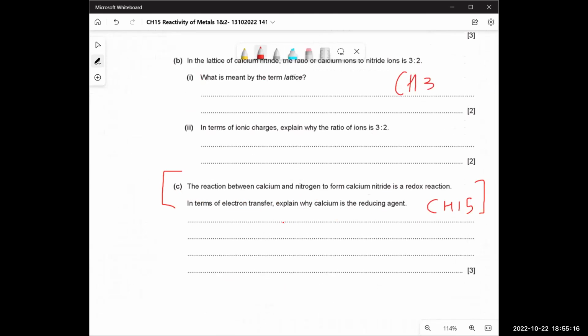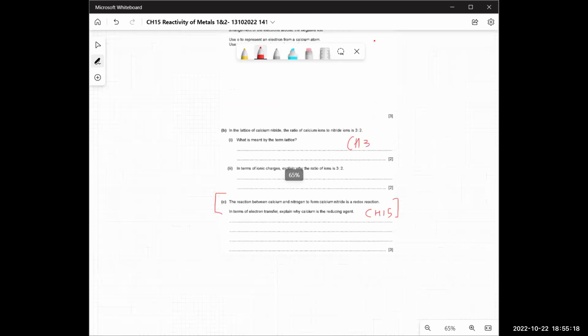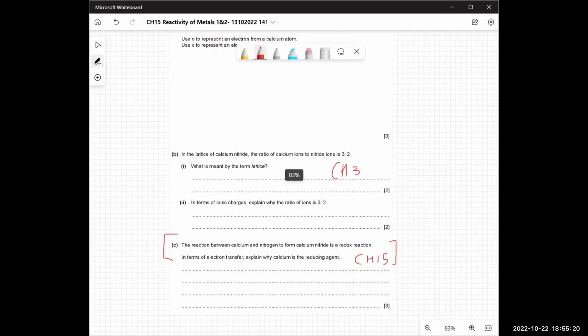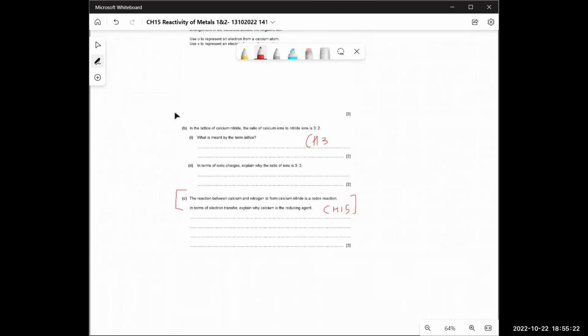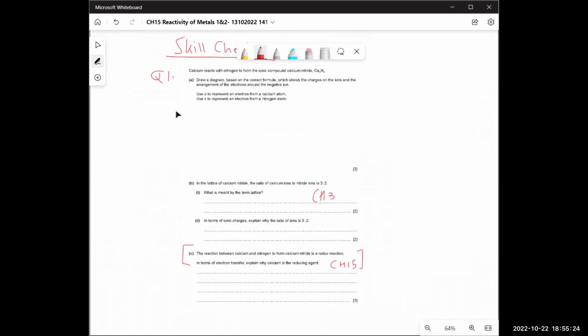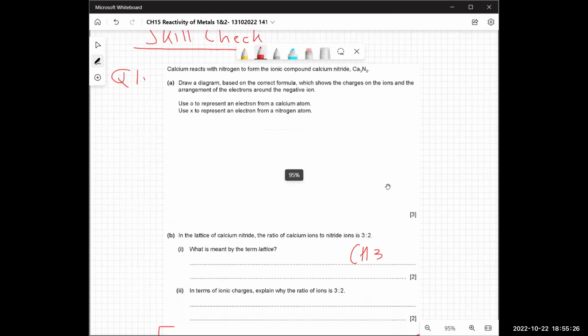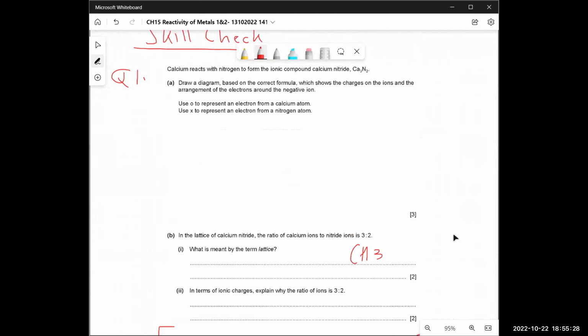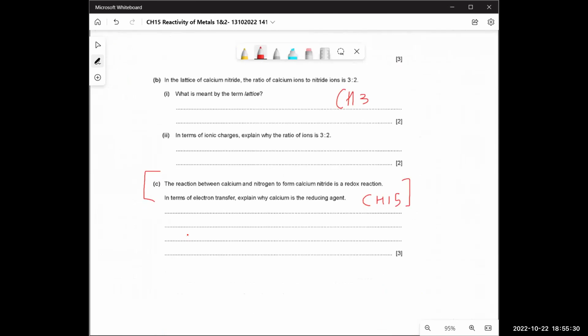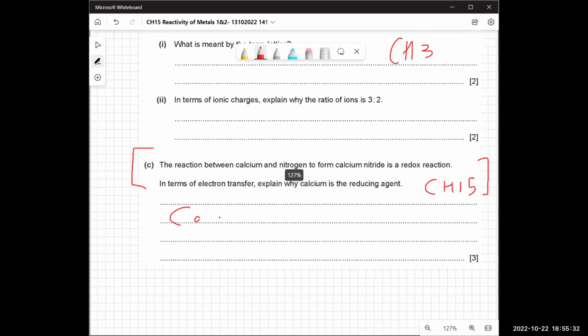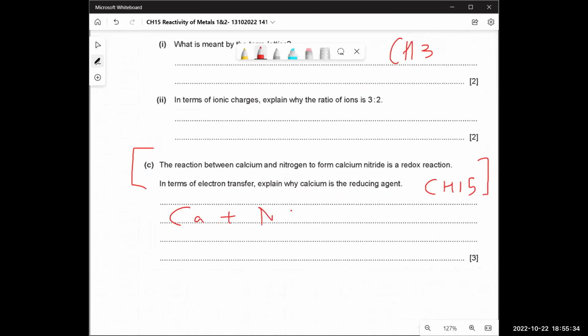Okay, how does this work then? Well, what we realize is calcium is reacting with nitrogen, and it is making an ionic compound called Ca3N2. Let's write that here. Calcium plus nitrogen makes Ca3N2. Now let's balance this. There is 2 nitrogen here, so we must have 2 nitrogen here. 3 calcium here, so 3 calcium here.